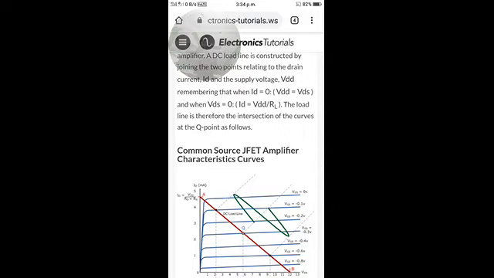Similarly, in the common source JFET amplifier, when VDS is 0, ID RD is equal to VDD, or ID is equal to VDD by RD.